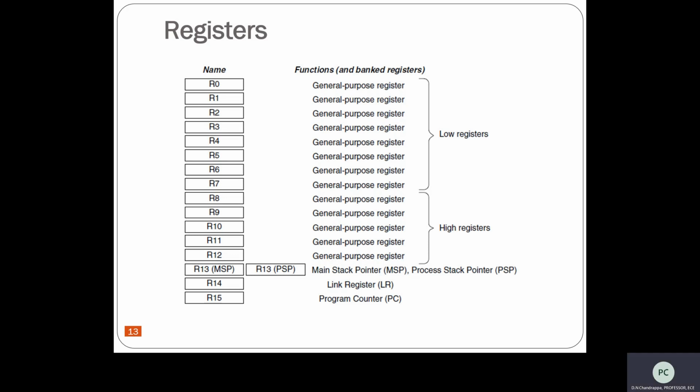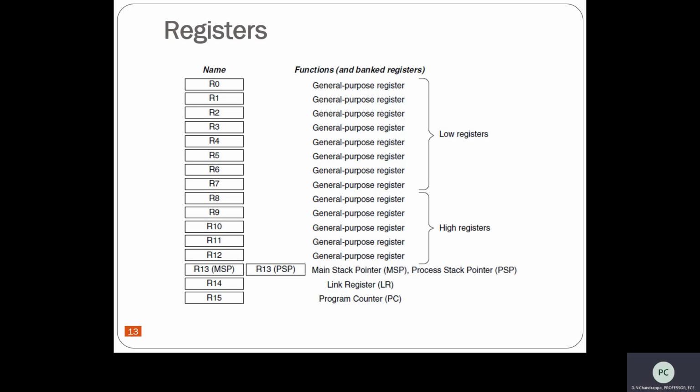Now the last register is called the program counter. The program counter specifies the current program address. Then it fetches the next instruction to be executed. Which instruction is to be executed next will be decided by this program counter.